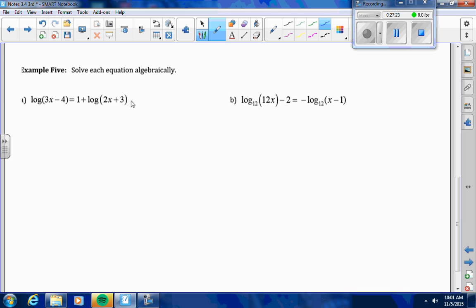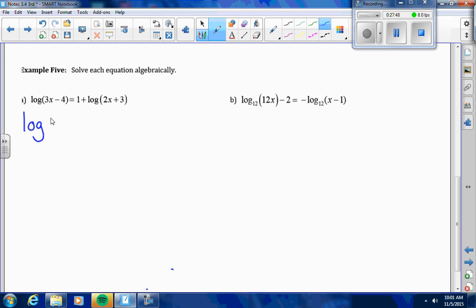In this case, you need to get anything with a logarithm on one side of the equation. So if it has a log, put it on one side. If it doesn't have a log, like that plus 1, it will be on the other side by itself. So I need to move the log of 2x plus 3 and subtract it over.